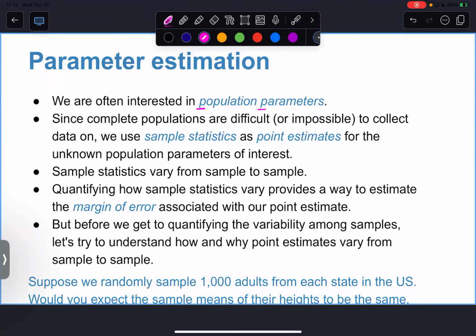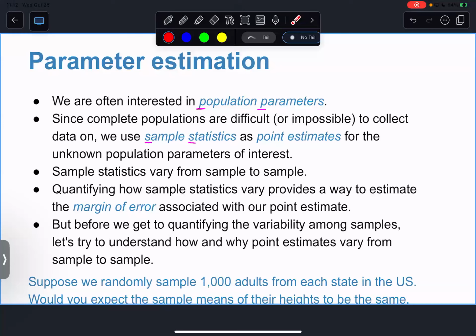A parameter is a measurement from the population, whereas a statistic is a measurement from the sample. S and S go together. Often it's impossible to collect the entire population. Even if you wanted to, you can't, or it's too expensive.